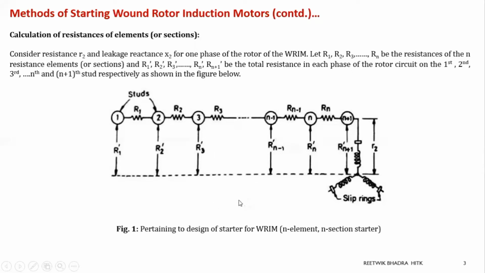So R2 dash gives the total resistance from start 2 to the end. R1 dash gives the total resistance from start 1 to the end. And these are the sectional resistances R1, R2, R3, Rn minus 1, Rn, and this is obviously your rotor resistance which will be included, small r. So this is a circuit which is connected to one phase of your wound rotor induction motor.